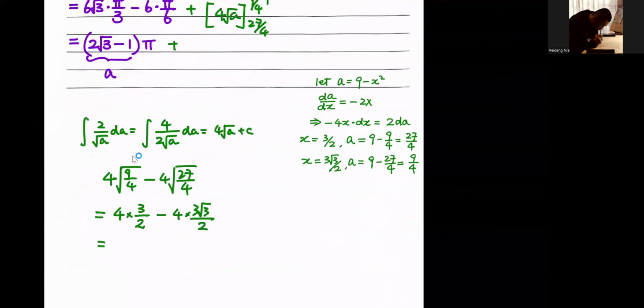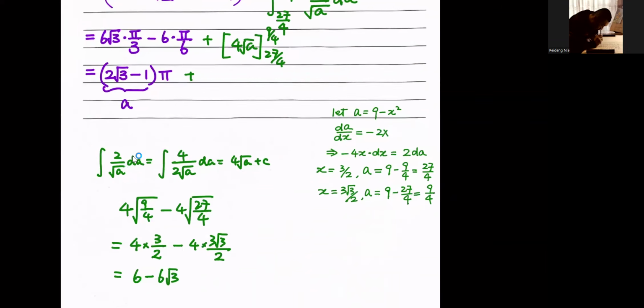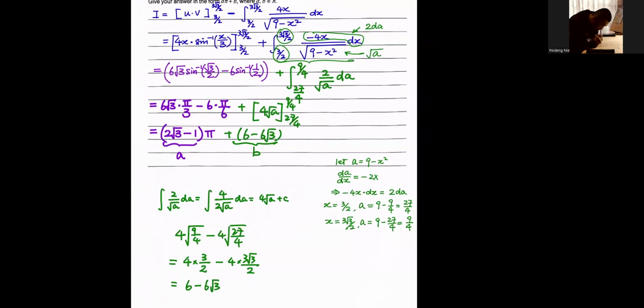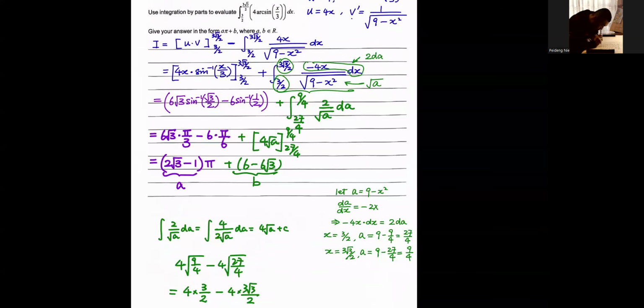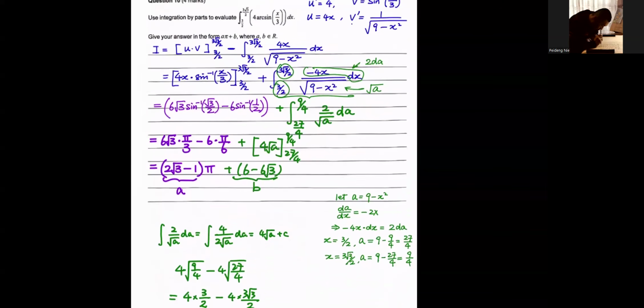Okay, so that gives me, for example, 6 minus 6 root 3, okay? 6 minus 6 root 3. So that is my b value, okay? All right, that is question 10, I suppose. Yep, that's pretty much what I need to get.